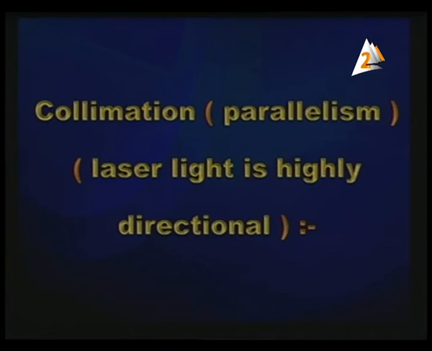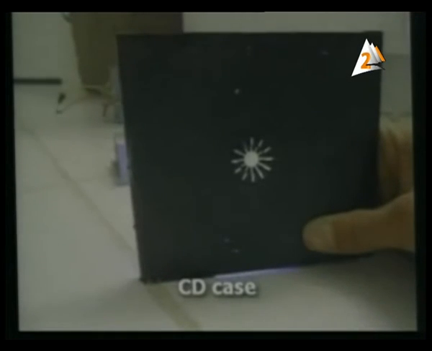Second property is called collimation, where the light rays are parallel. Laser is a beam of parallel waves. Laser light is highly directional.